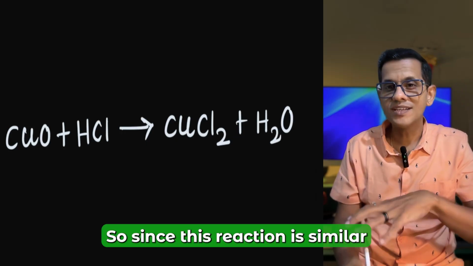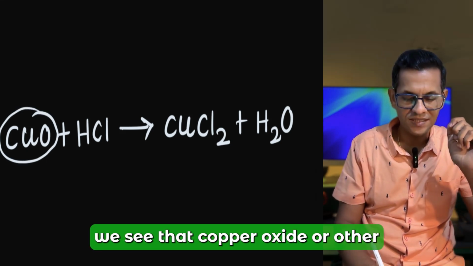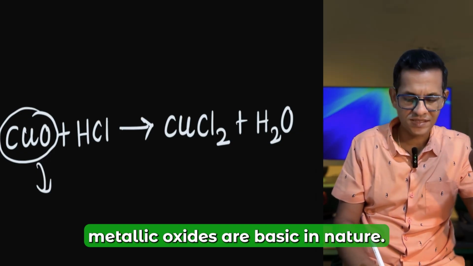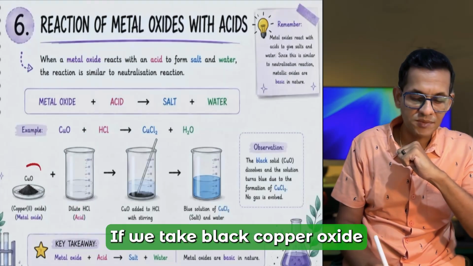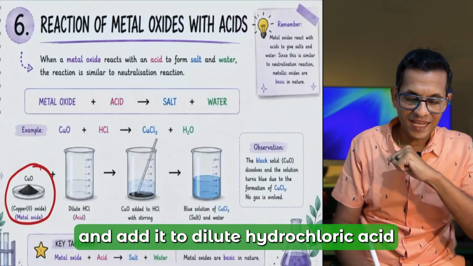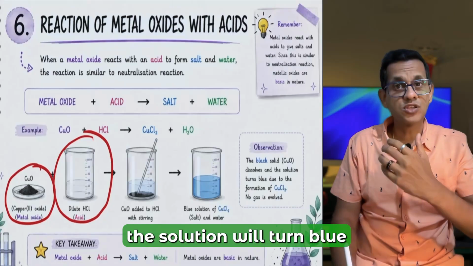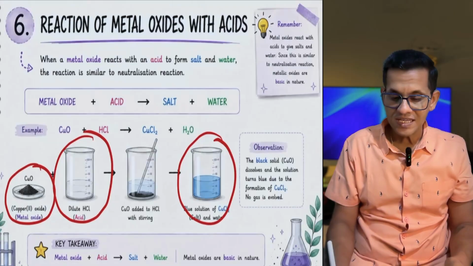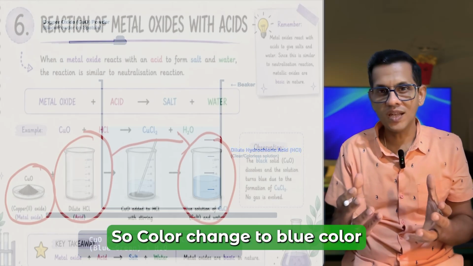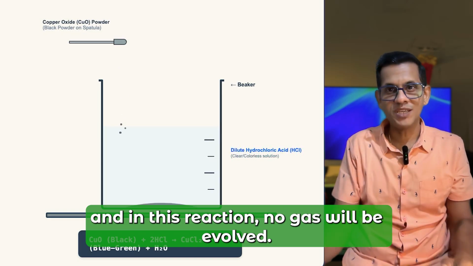Since this reaction is similar to neutralization reaction, we say that copper oxide or other metallic oxides are basic in nature. So in this example, if we take black copper oxide and add it to dilute hydrochloric acid, which is colorless, the solution will turn blue due to the formation of copper chloride. So the color change to blue tells us that copper chloride has formed, and in this reaction no gas will be evolved.